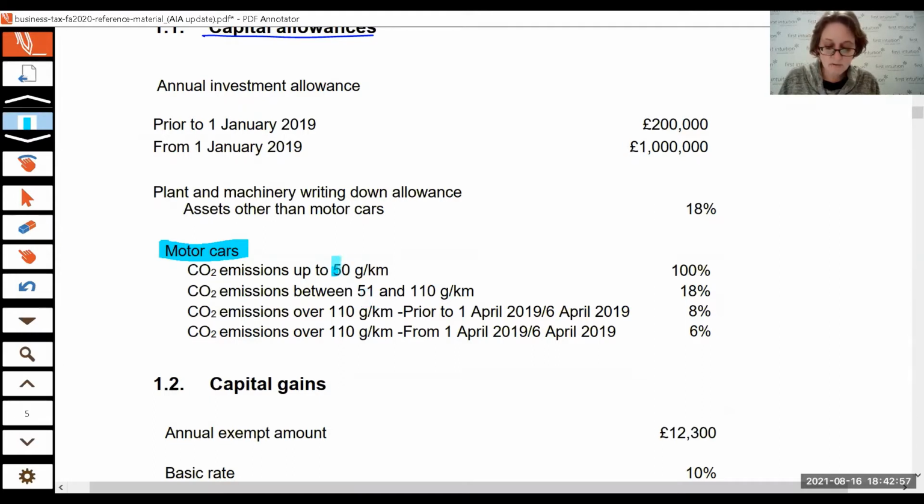So if our emissions are up to 50 grams, we get 100% allowance. So that will be, for a car, we call it an FYA, first year allowance. We get it in the first year that we buy the asset, and it's 100%. If our emissions are between 51 and 110 grams, so medium emissions, I'd call those, then we get a normal writing down allowance in our normal pool.